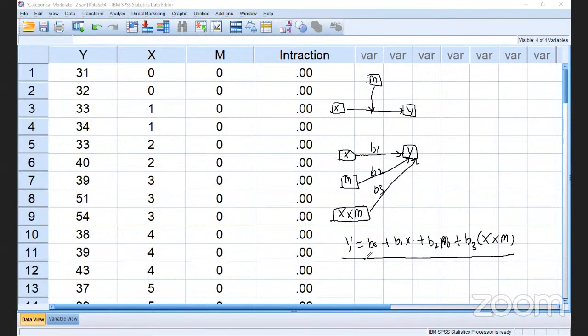Earlier we used two equations. One is simple bivariate regression analysis, y equals b0 plus b1 x1, and we checked whether the number of years of experience influences the dependent variable or not. We found the p value was less than 0.05.